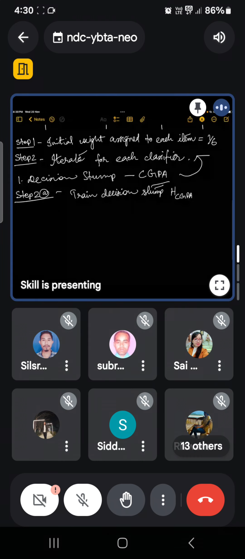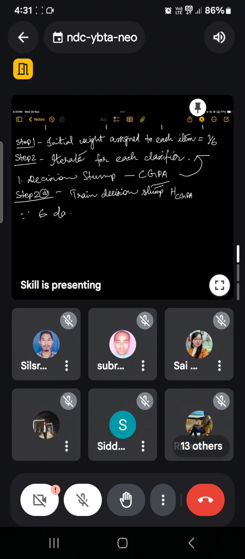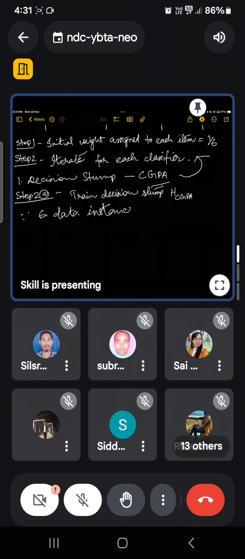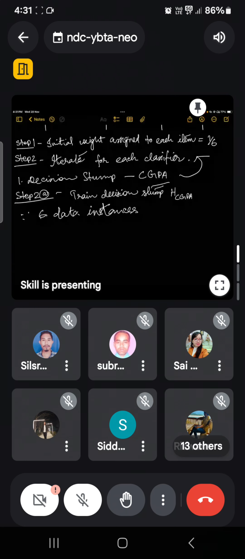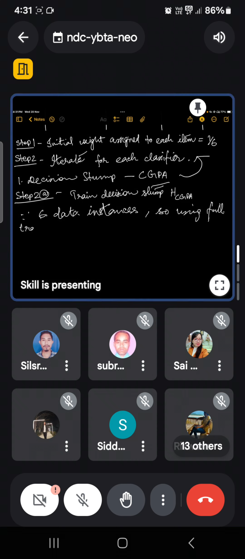CGPA. This will denote on the training data set. We will be using the full training data set.